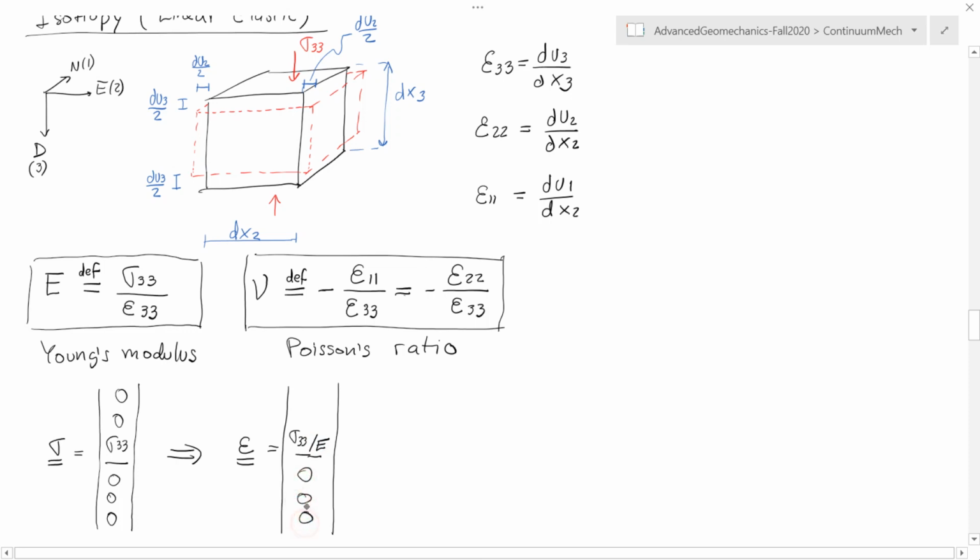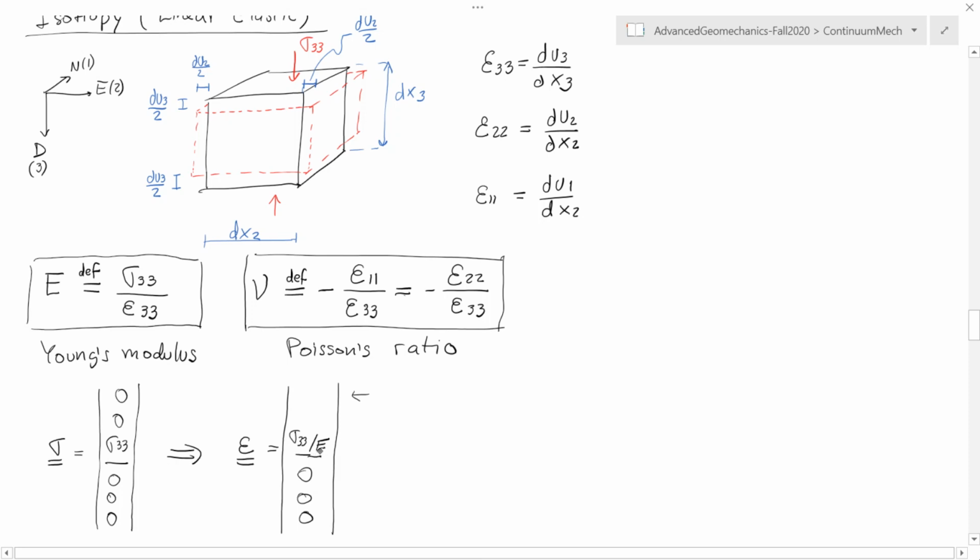I hope you notice this from the diagram: I'm applying normal stress that doesn't cause any shear strain. But now for epsilon 1 and epsilon 2, I'm going to have to apply the Poisson ratio definition. In order to do that, epsilon 1, which is going to be located here, is going to be the Poisson ratio times negative epsilon 3.